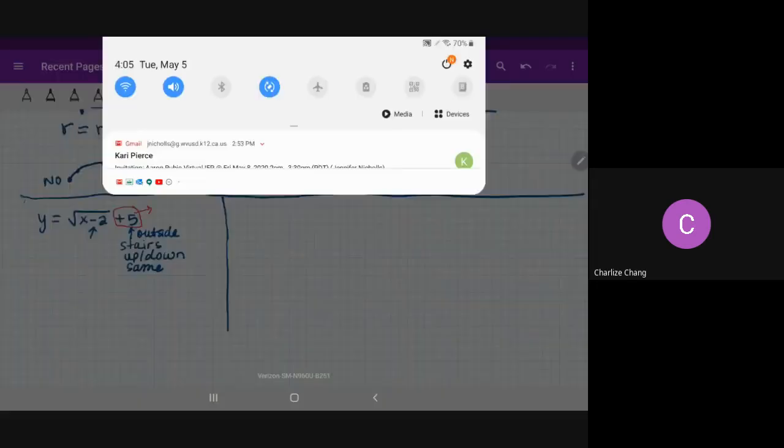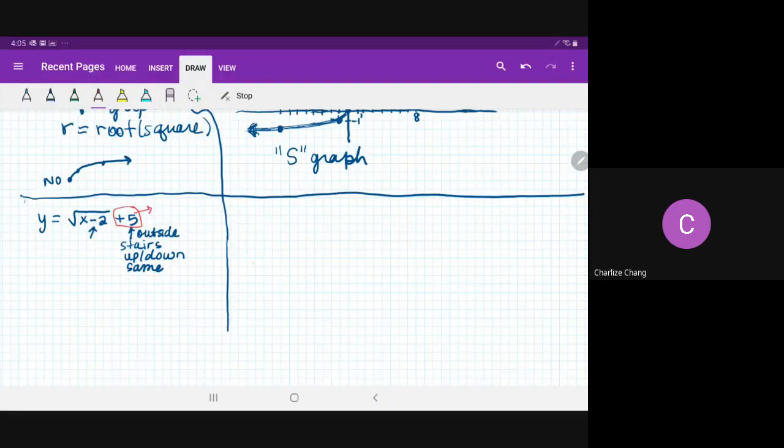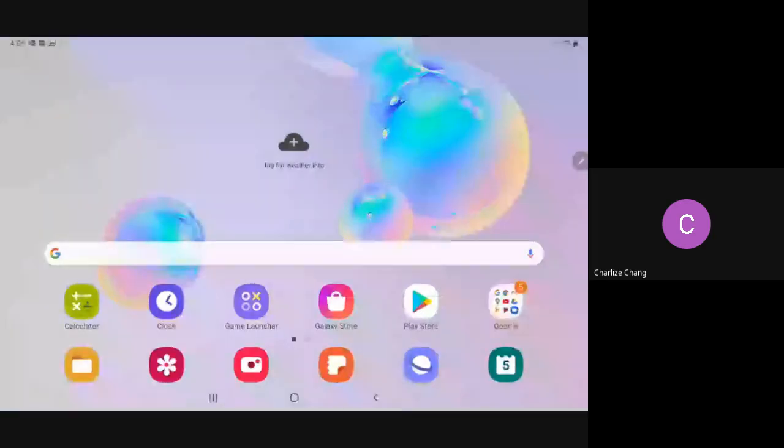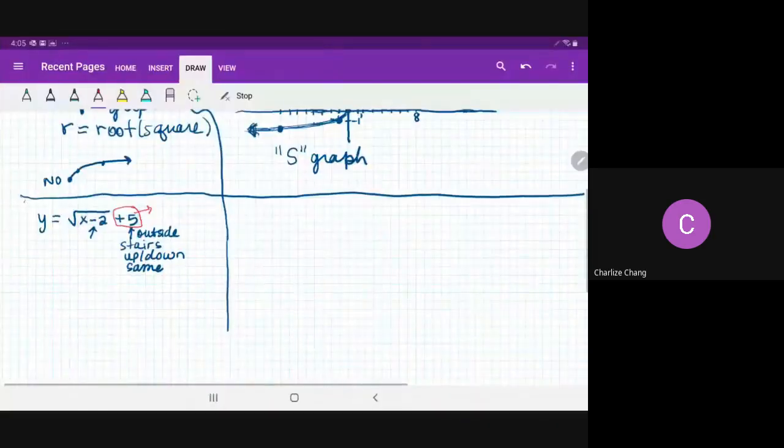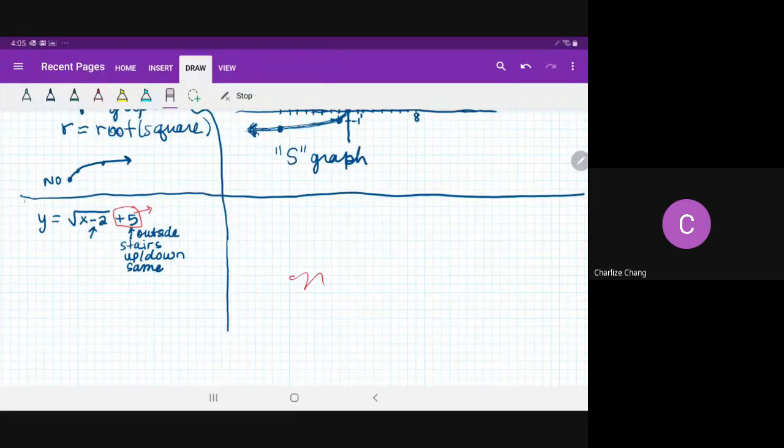Where's my tablet? And this is my new tablet. My new tablet has tons of memory. Okay, it's fine again. I don't know why I bought a new tablet from school. I love technology. But I was thinking, well, my old tablet, you know how it kept freezing in class?